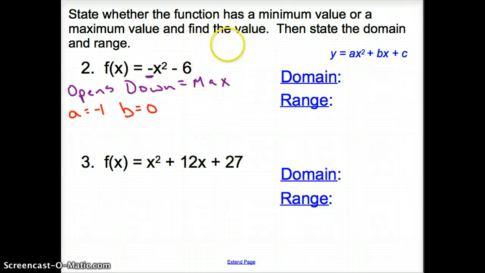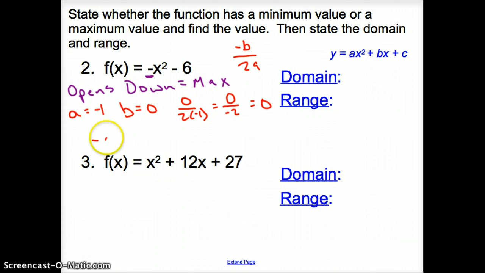So using negative b over 2a to find my axis of symmetry, I have 0 over 2 times -1, which is 0 divided by -2, which is just 0. So now I plug this 0 in for my x to find the value. So it's -0 squared, minus 6, and that will give me -6. So the maximum value will be -6.